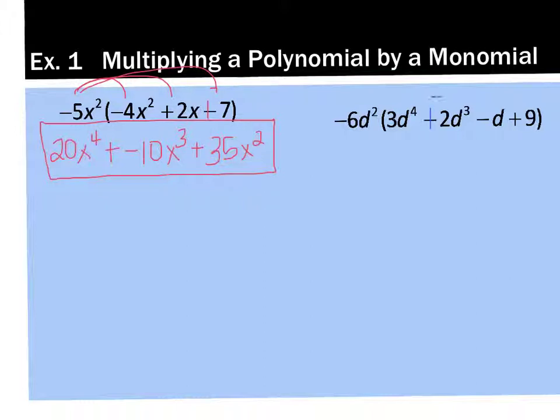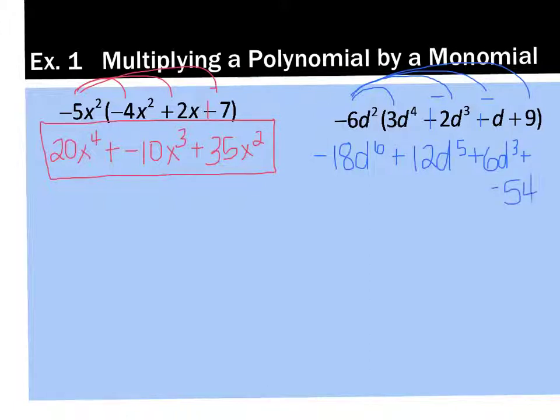Again, if I were you, I would add the opposite just to ensure we get our signs straight, and then we'll distribute. Negative 6d to the second times 3d to the fourth becomes negative 18, and then when you add your exponents, it's d to the sixth, plus negative 6d to the second times negative 2d to the third would be a positive 12d to the fifth, plus negative 6d to the second times negative d would be a positive 6d to the third, plus, and then negative 6d to the second times 9 would be negative 54d to the second.